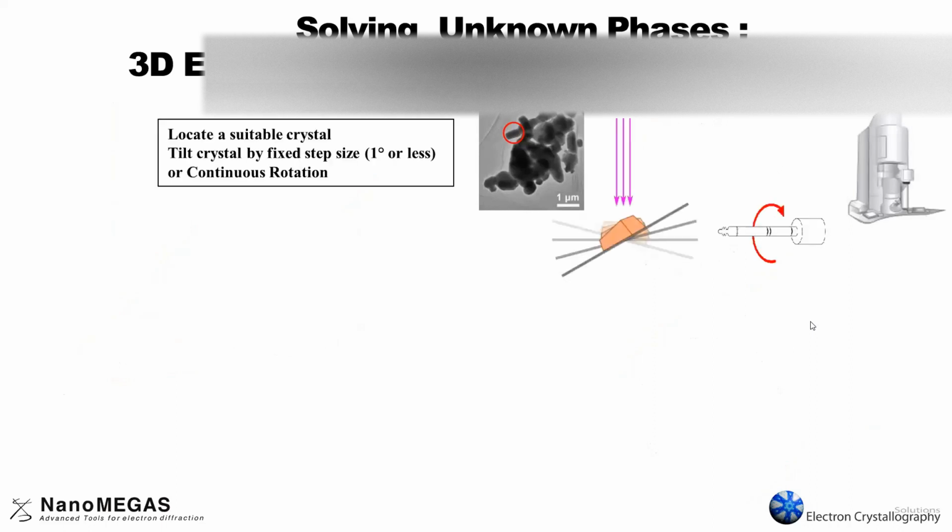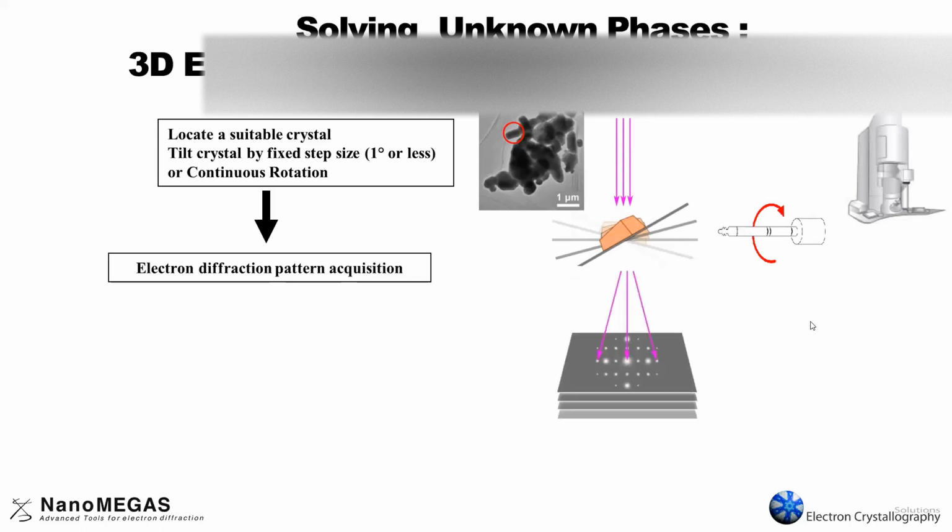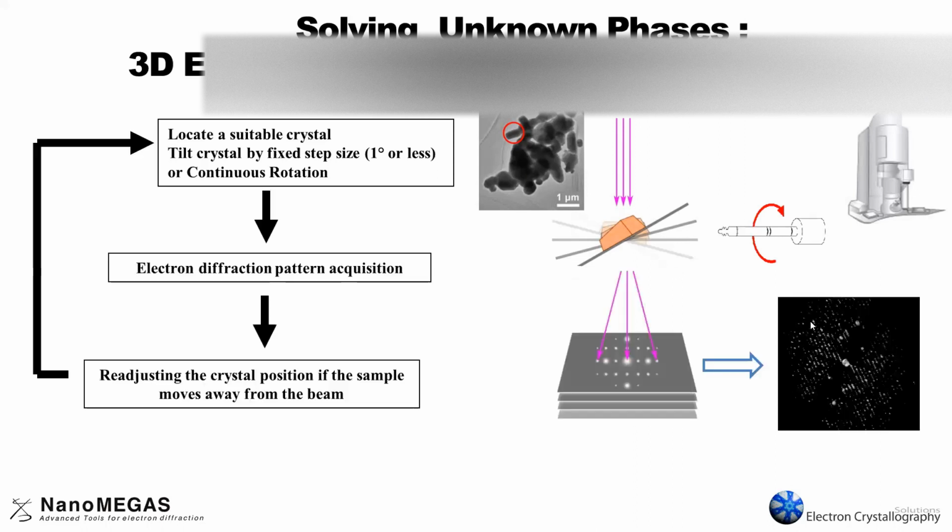Only then can one collect the data, either by tilting the crystal in fixed step size or with continuous rotation of the crystal. During tilting, if the sample moves away from the beam, it is readjusted manually. Once the process is finished, three-dimensional ED data is acquired, as you can see on the right-hand side.